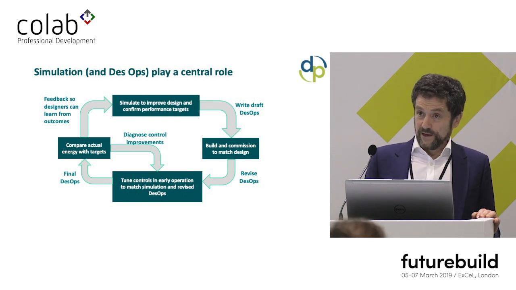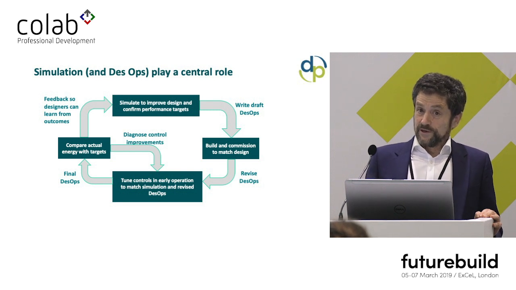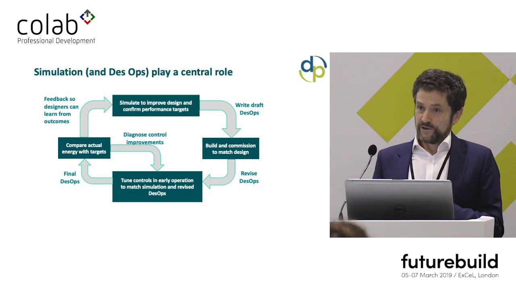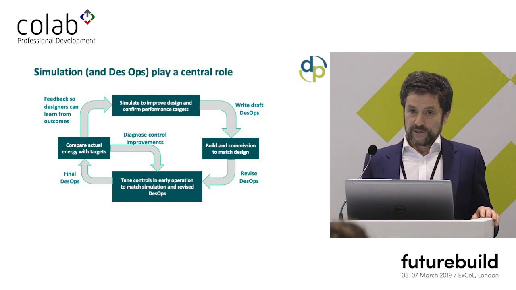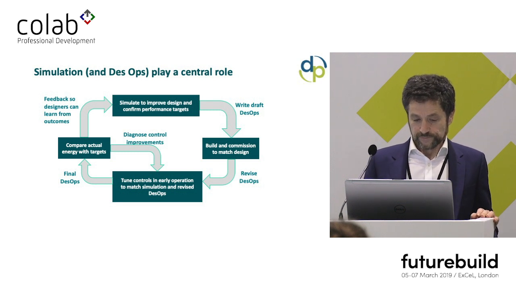So you build and commission the building to match the design which is represented in the model. You may revise the DesOps with any differences between the actual building and the original design. Once the building's in operation, you use the results of the model as a framework for tuning up the building. So the building should be performing as predicted by the model.